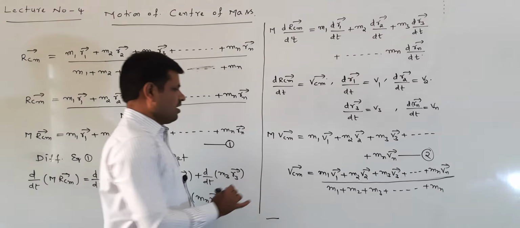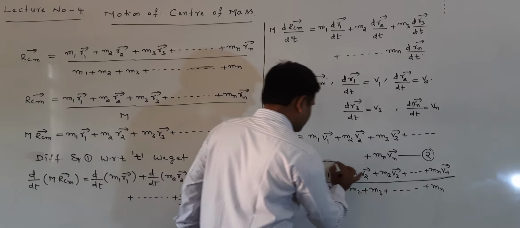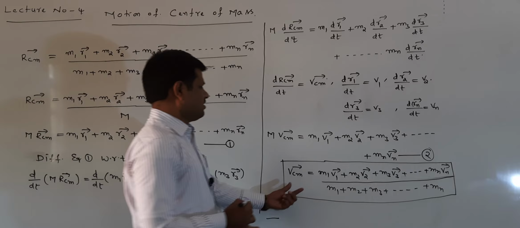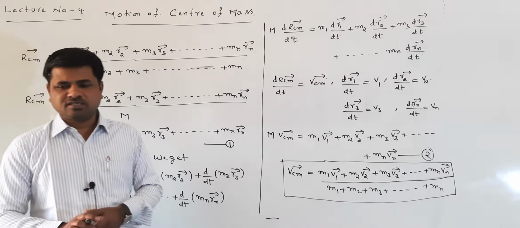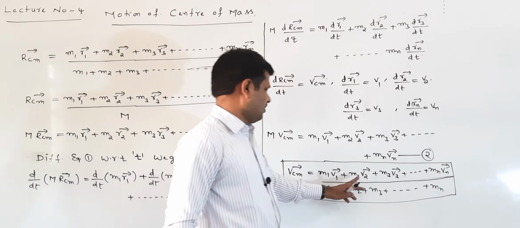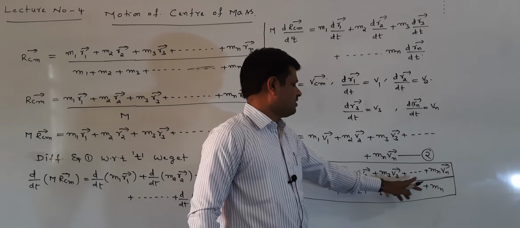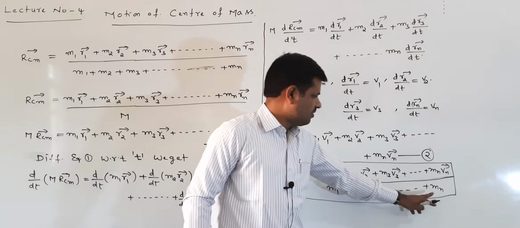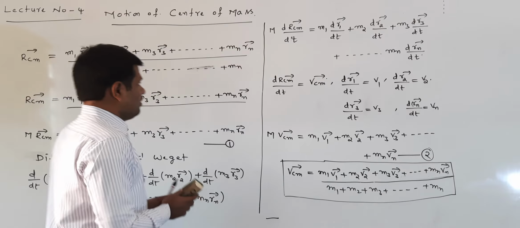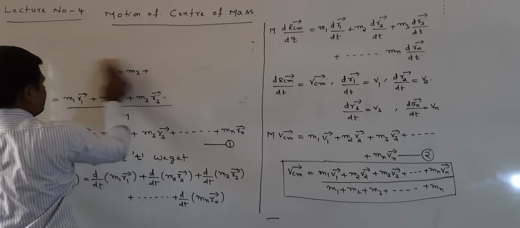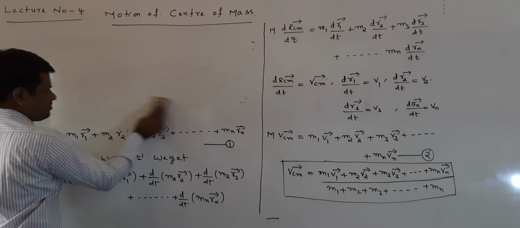This is called the velocity of the center of mass of the n particle system. Right, this is for the n particle system. For a 2 particle system, how do we write this equation?